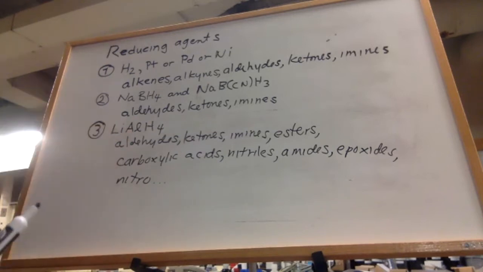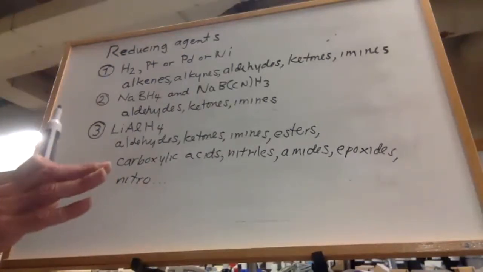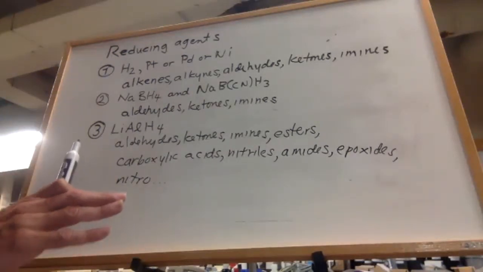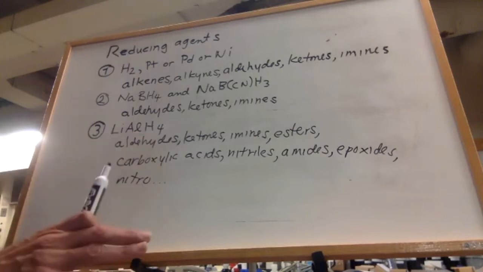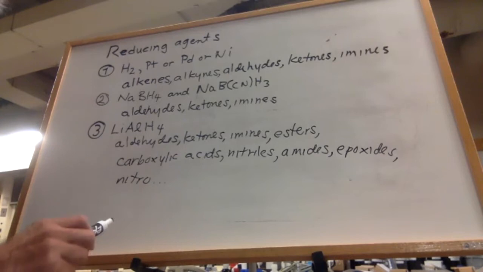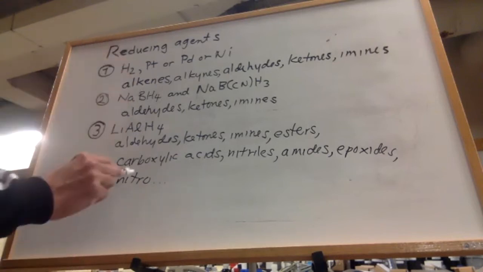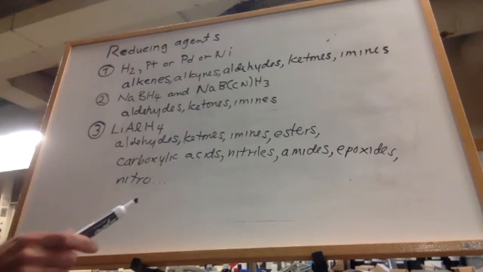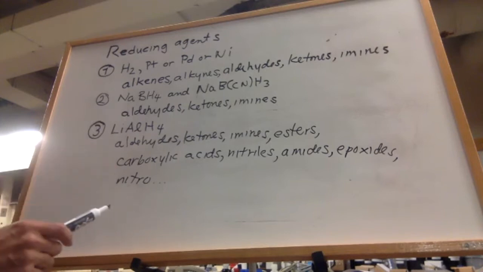So you have to be cunning when you use lithium aluminum hydride, because you have to make sure that the reagent is not being offered a choice of what to reduce. Okay, so this is a summary of the three reducing agents and what they reduce.